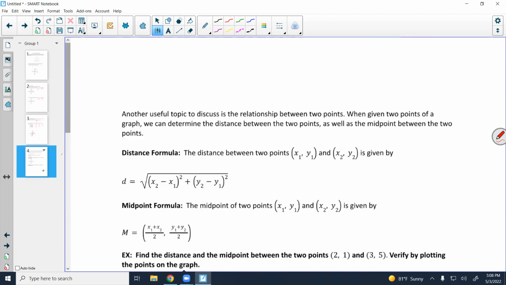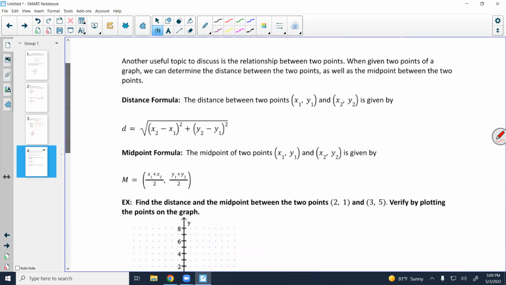Okay, so we have some interesting things that we can do on a graph. Relationships between 2 points. There's 2 in particular we're going to look at. So when given 2 points on a graph, we can determine the distance between the 2 points as well as the midpoint between the 2 points.